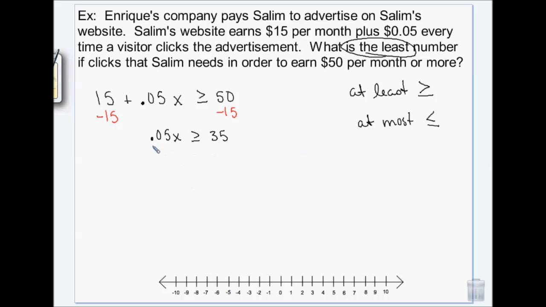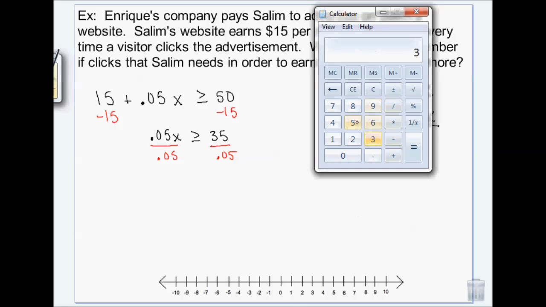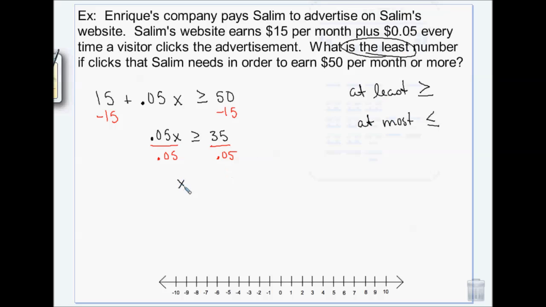I'm going to divide both sides by 0.05. So it's 700 clicks. So he needs at least 700 clicks on that ad in order to earn that $50. Obviously, we don't go out to 700, so I'm just going to put a 700 there. Greater than or equal is a solid dot, and then we want it to be more than 700.